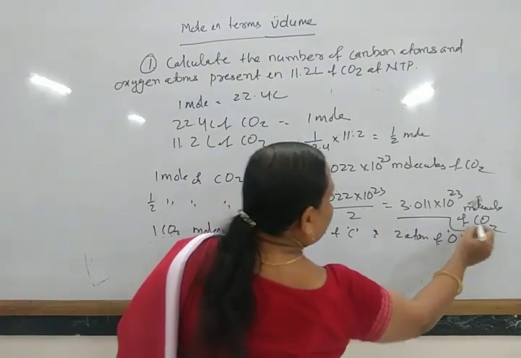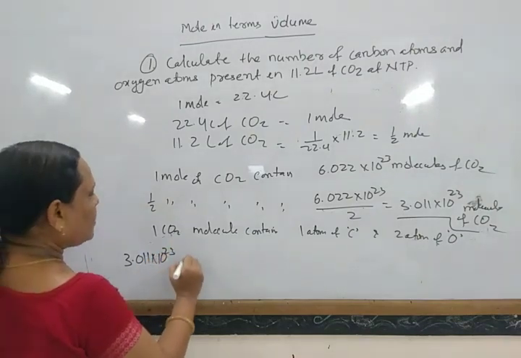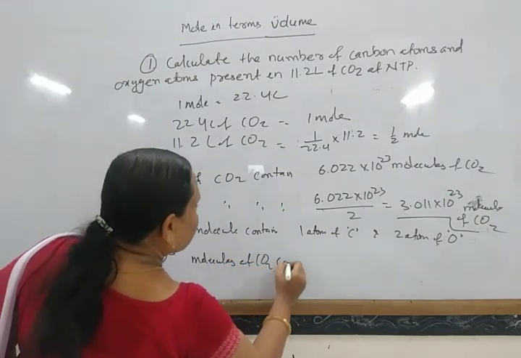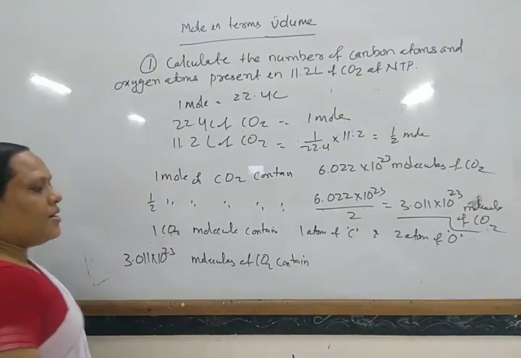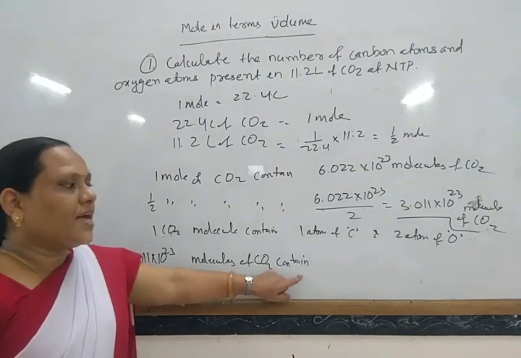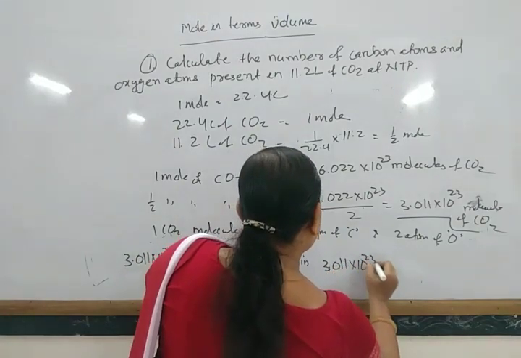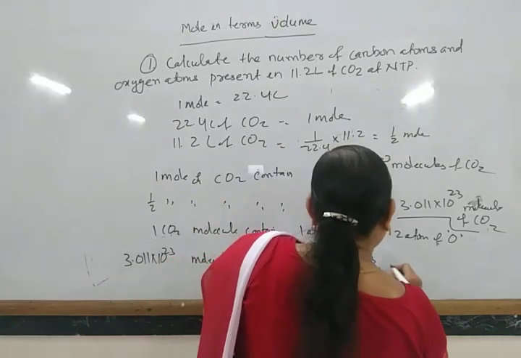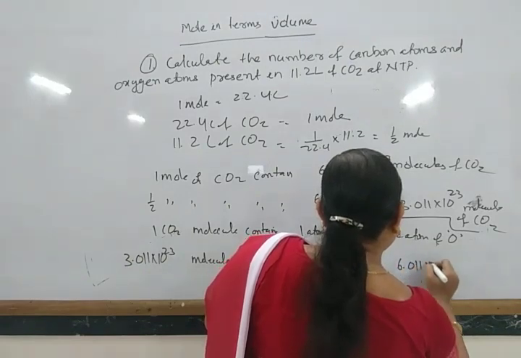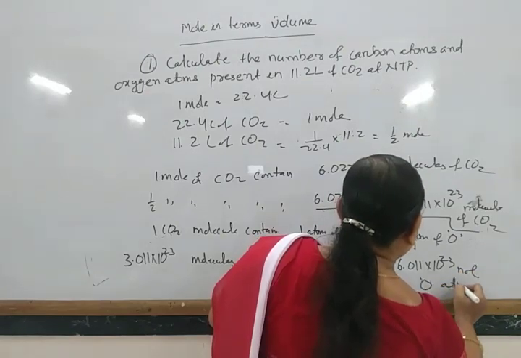And how many molecules do you get? 3.011 × 10^23 molecules of carbon dioxide contain 3.011 × 10^23 carbon atoms and 2 into 3.011 × 10^23, that is 6.022 × 10^23 oxygen atoms.